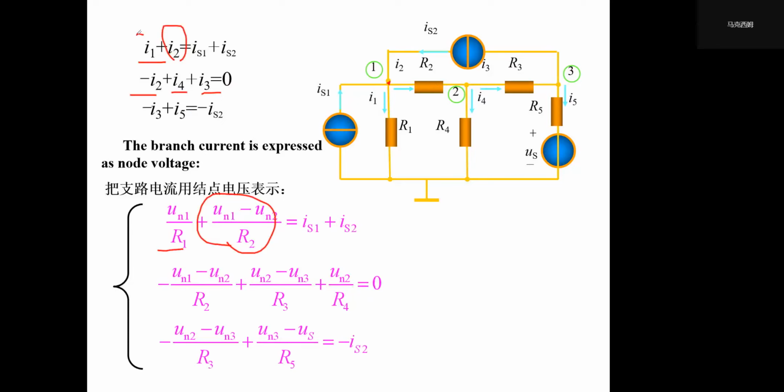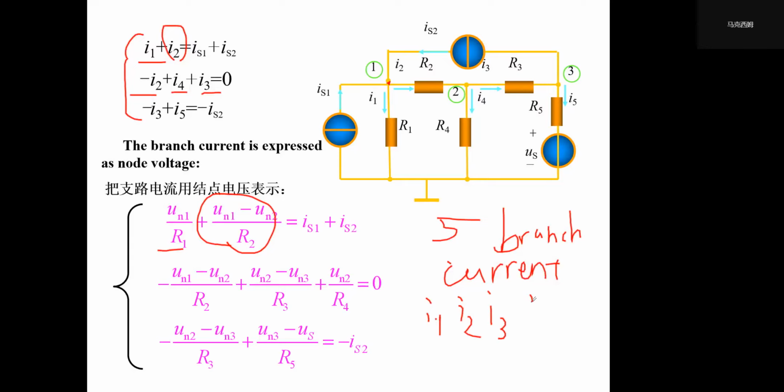So we can transform these three equations, and we replace I1, I2, I3, I4, I5, five branch currents, into 3 node voltages, UN1, UN2, UN3.